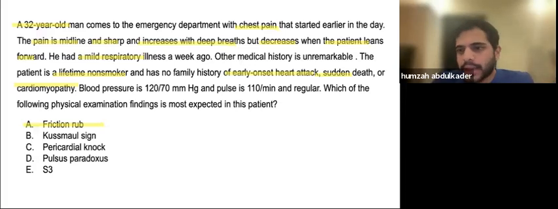And that has nothing to do with pericarditis. So that's why it wouldn't be the right answer here. Does that make sense? Yep. Okay.